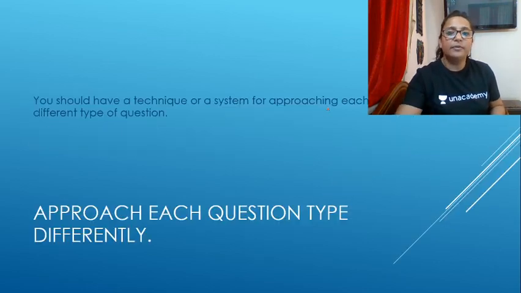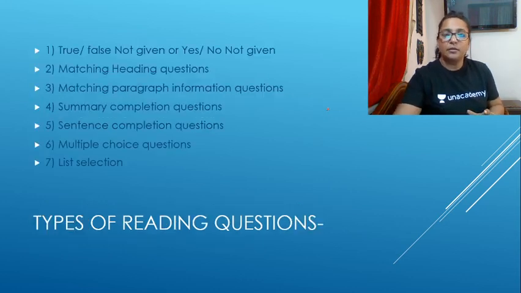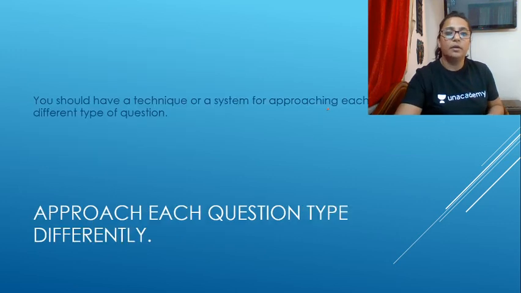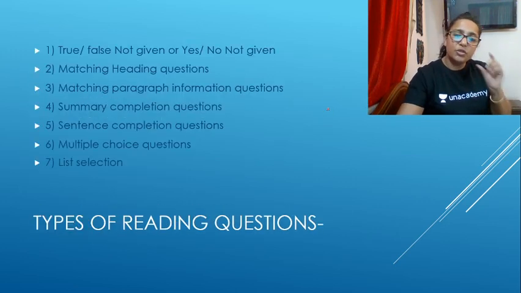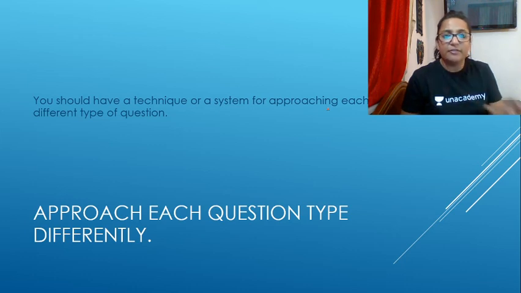Suggestion 5, approach each question type differently. So as I said, the IELTS has about 14 different types of questions. In the reading section, in those 40 questions, you have these 14 different types. And each question type you should strategize differently to answer.